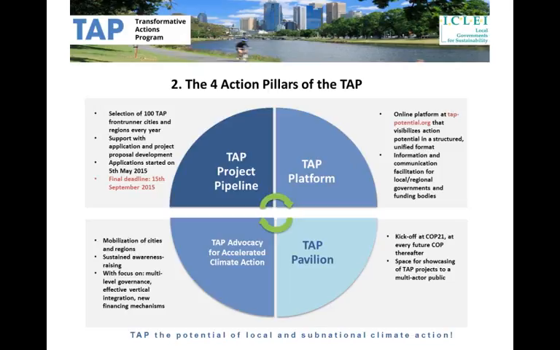And finally, continue to coordinate the information sharing on subnational climate finance in the various fora. Overall, the TAP advocacy work will really seek to create this essential interaction nexus between all levels of government and to engage with financing bodies.